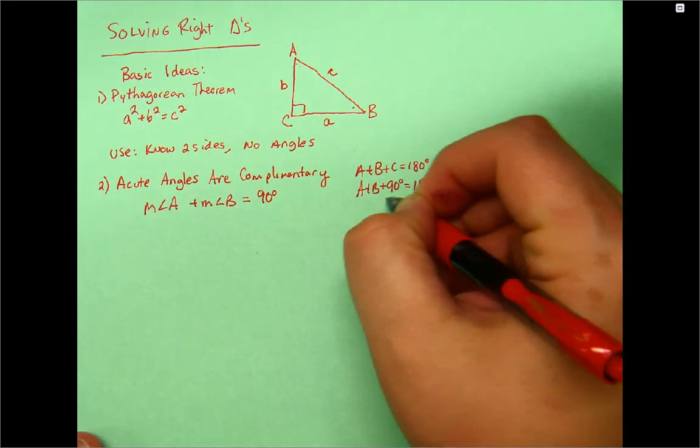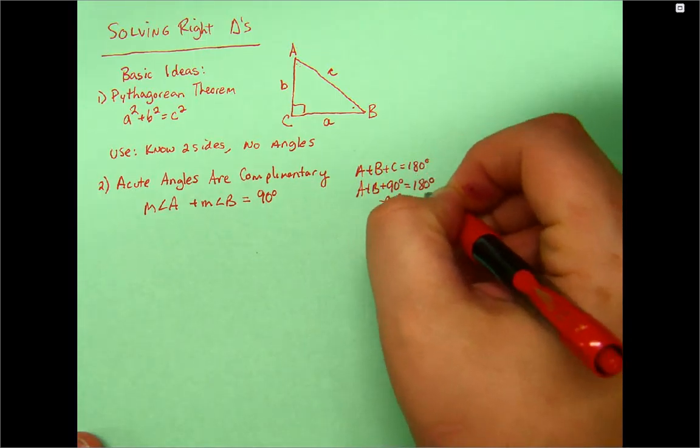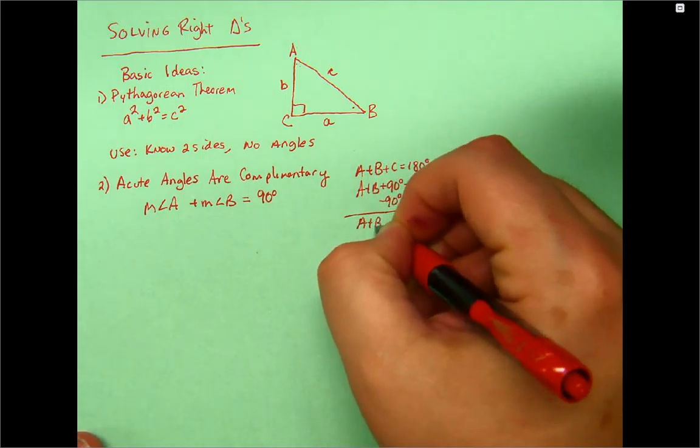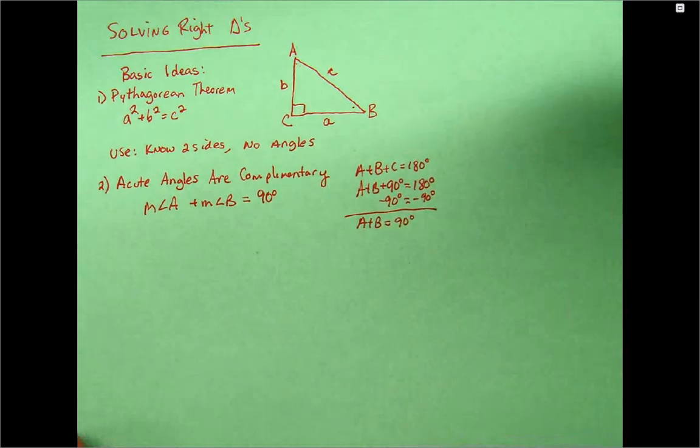If you subtract the 90 degrees, you get A plus B is equal to 90 degrees. So it's not just something that we make up, it's a consequence of this being a right triangle.